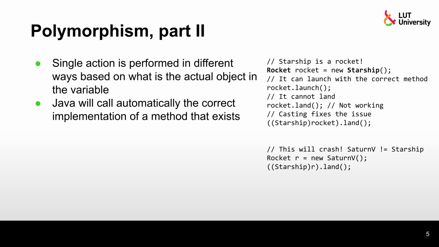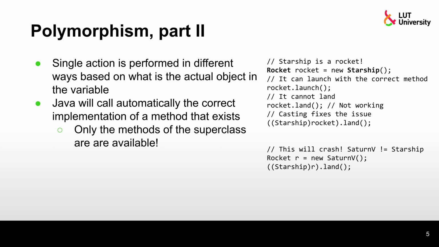So Java will automatically call the correct implementation of a method that exists. For example, this launch method. It will call the starship's launch method, and if there is no launch method in starship, then it will call the rocket's launch method.